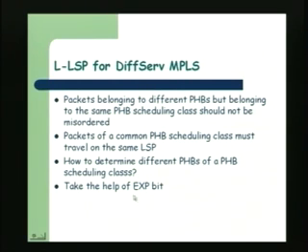We can use the EXP bits to determine which different PHBs are present in this PHB scheduling class. This way, one can determine the different PHBs of a PHB scheduling class also.